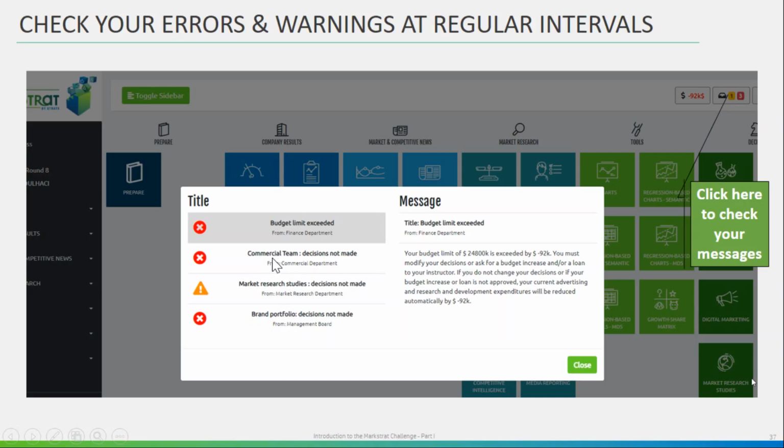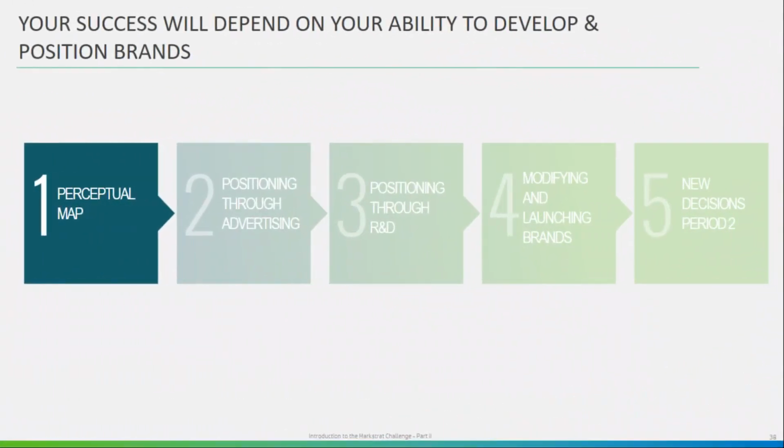And if the error really bothers you, if it makes you feel better, you can delete the numbers on the commercial team decision screen and then retype them back in. It really doesn't matter. Okay, so any decision screen that you don't visit, it's going to think that you just forgot, and it's going to remind you of that. That's all, but you can ignore it if you feel like you need to.